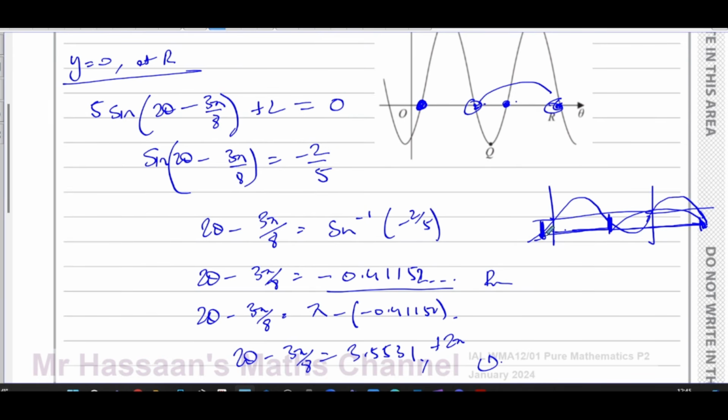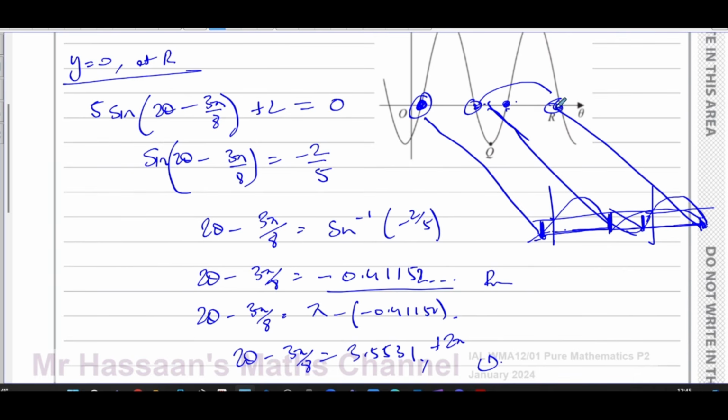When we rearrange this, it leads us to the solution over there, but that's not what we're looking for. We're looking for the fourth time that it's going to touch the theta axis. So this angle here leads us to the second time, there will be another angle over here which leads us to the third time, and this angle here leads us to the fourth time.